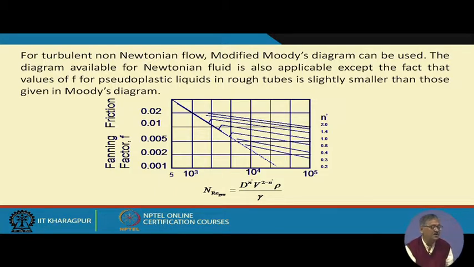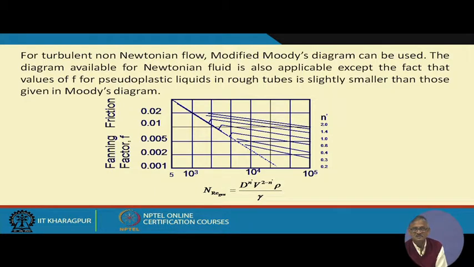But the problem here is, for turbulent non-Newtonian fluid flow, the modified Moody's diagram can be used, where the diagram available for Newtonian fluid is also applicable, except the fact that values of f for pseudoplastic liquids in rough tubes are slightly smaller than those given by the Moody's diagram.